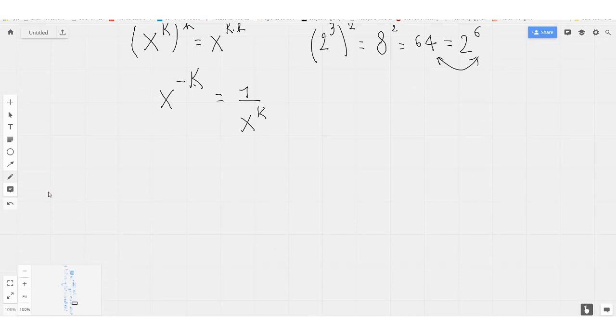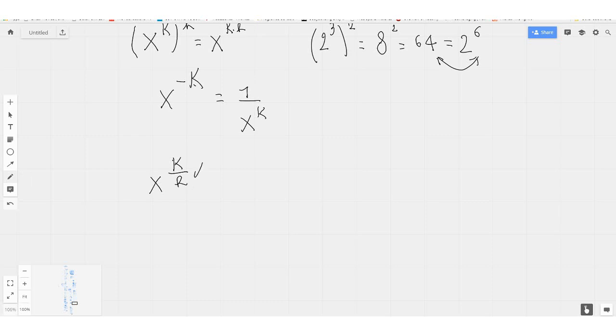What about if we have something like that? Instead of k, now we have a ratio as an exponent, we have a fraction. So we would have x to the power of k over h.